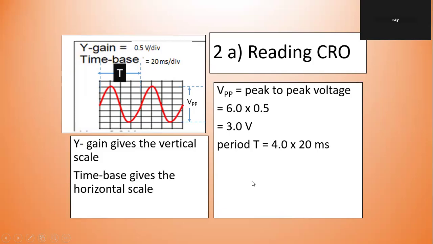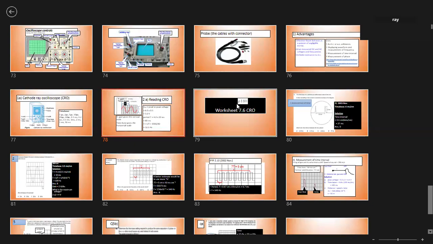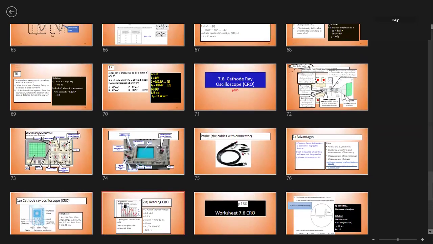Which page are you at? Say again, which page are you at? I'm very far towards the end there. Can you find it or not? Page 180, nearly 180 there.